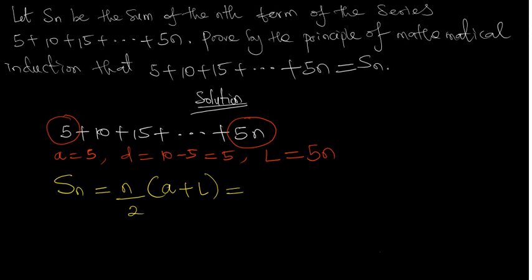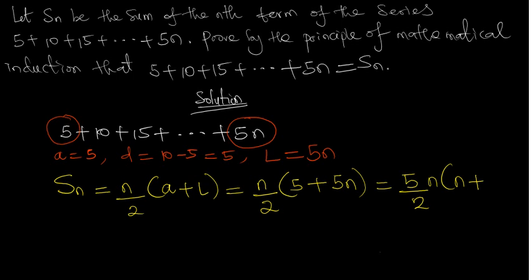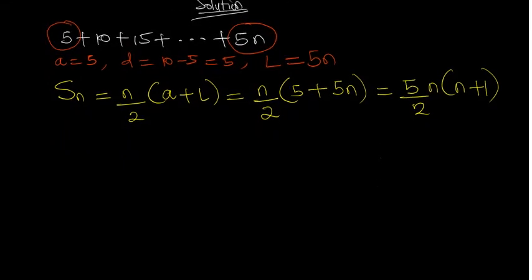Our a is 5 plus the last term 5n, which can be reduced further to 5 over 2, because we factorize 5, we have n plus 1. So that being said, now we can begin the proof.